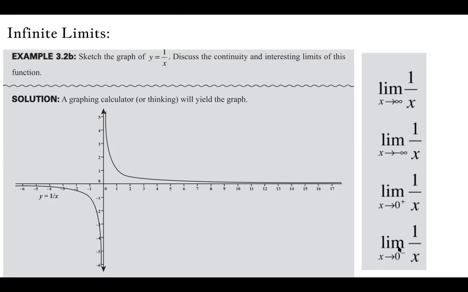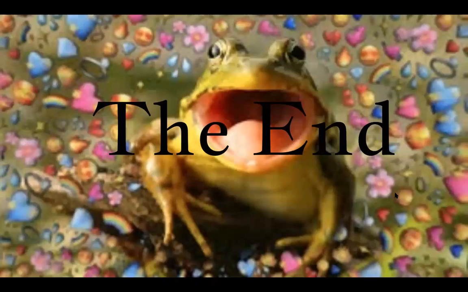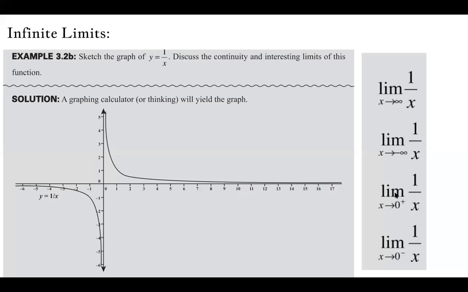But we can think of it as if we're getting really, really close to 0 from a positive direction, from the right. Then we're going to have a really, really small fraction, like 1 divided by 100. So let's say we plug that in.